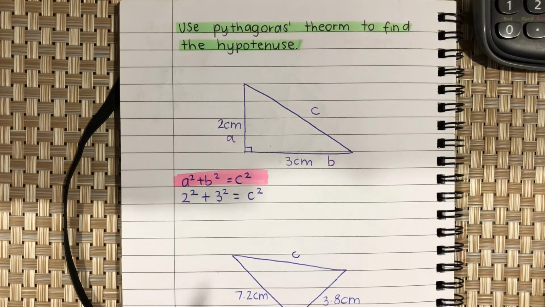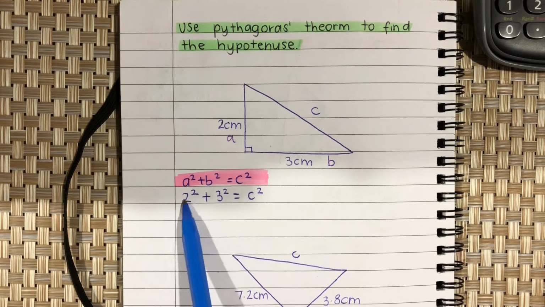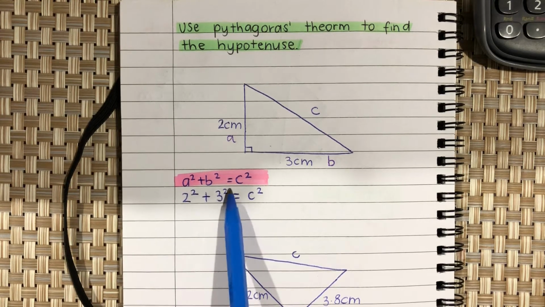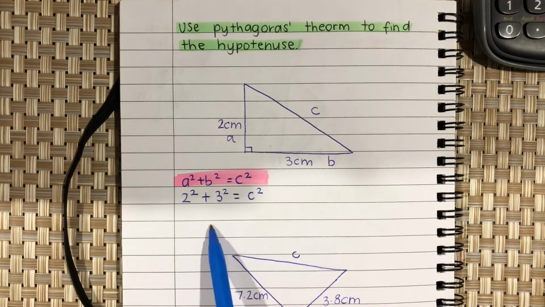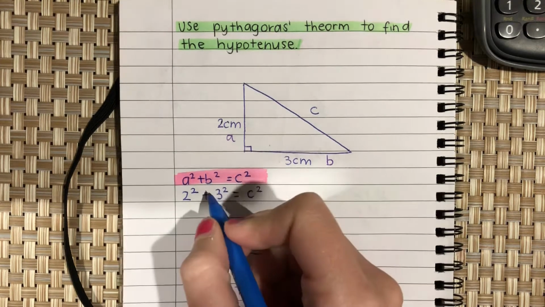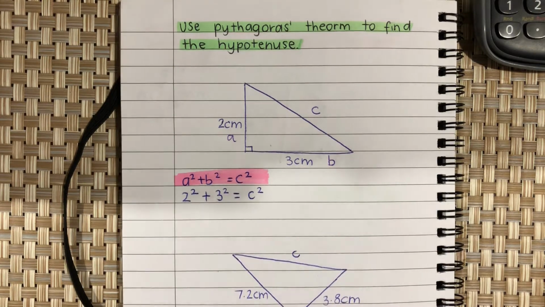Now, at this point, you could do this in your head because 2 squared is obviously 4 and 3 squared is obviously 9. So you could definitely do that in your head, but the numbers will get harder. So please don't do that and always use your calculator. We're going to do the exact same thing that we did in my previous video.